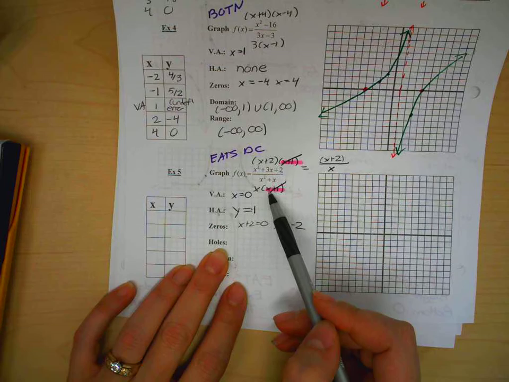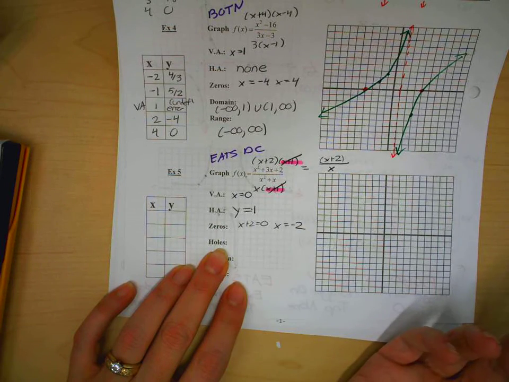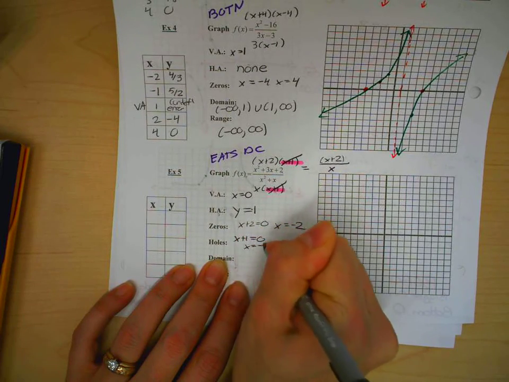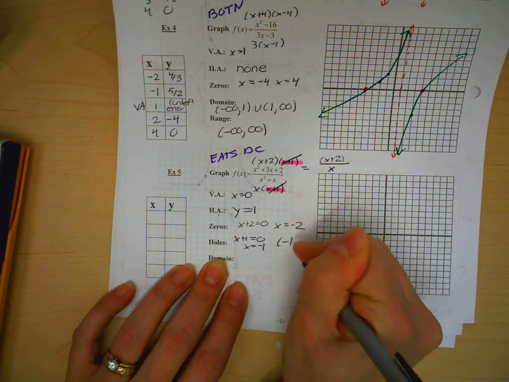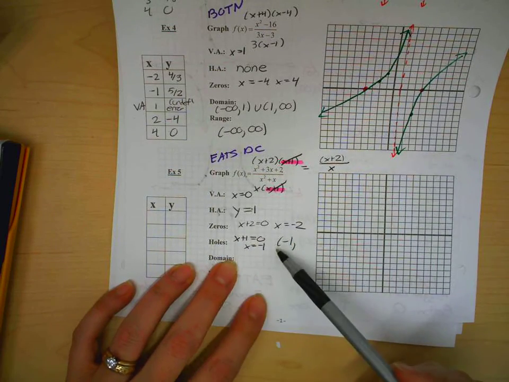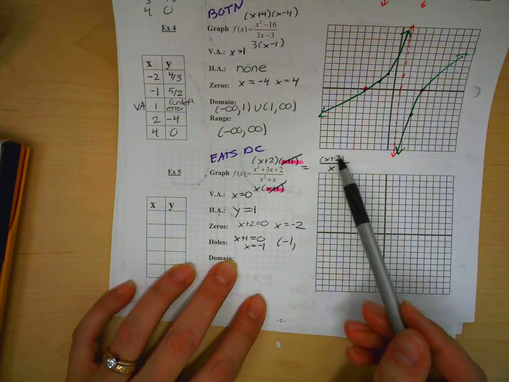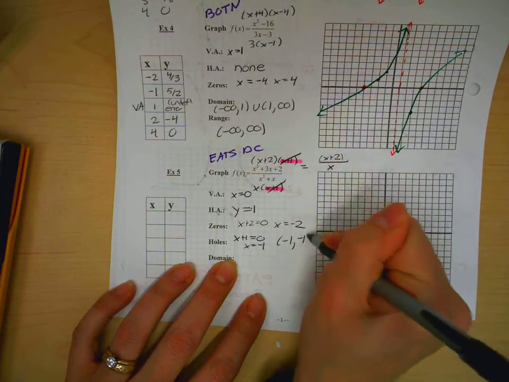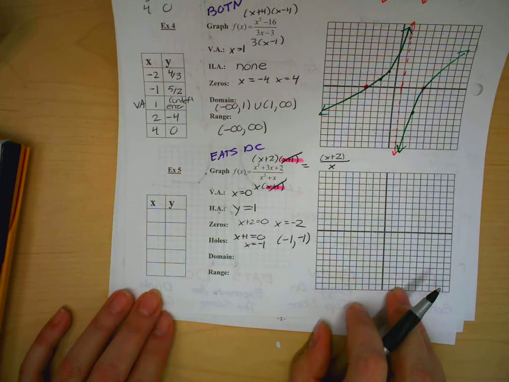What x value, if x plus 1 equals 0, what makes it 0? Yeah, that's my hole. So my hole is going to be at -1. And my y value here, if you plug -1 into here, -1 plus 2 is 1. 1 divided by -1 is -1. There is a hole at -1, -1.